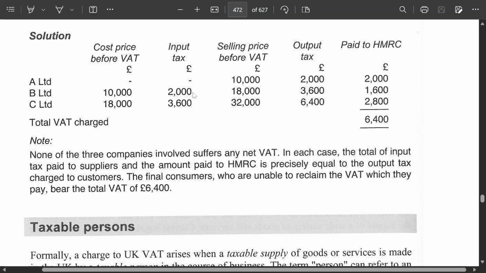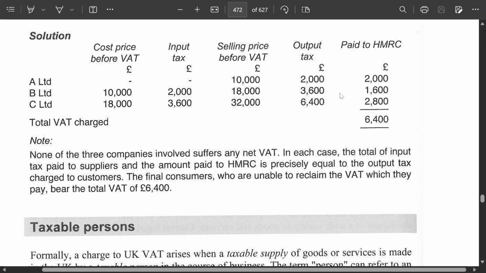Okay, when you adjust your gross VAT liability by the amount of input tax you have paid, that is called the input tax credit. Here's the input tax credit that is being reflected here. The difference between this and this is the input tax credit. So again, you can see that B is not losing anything.